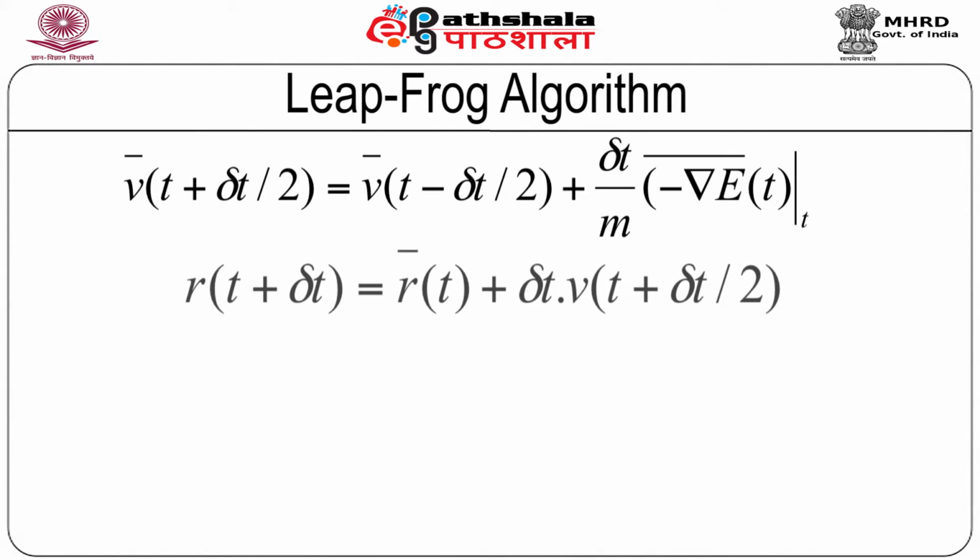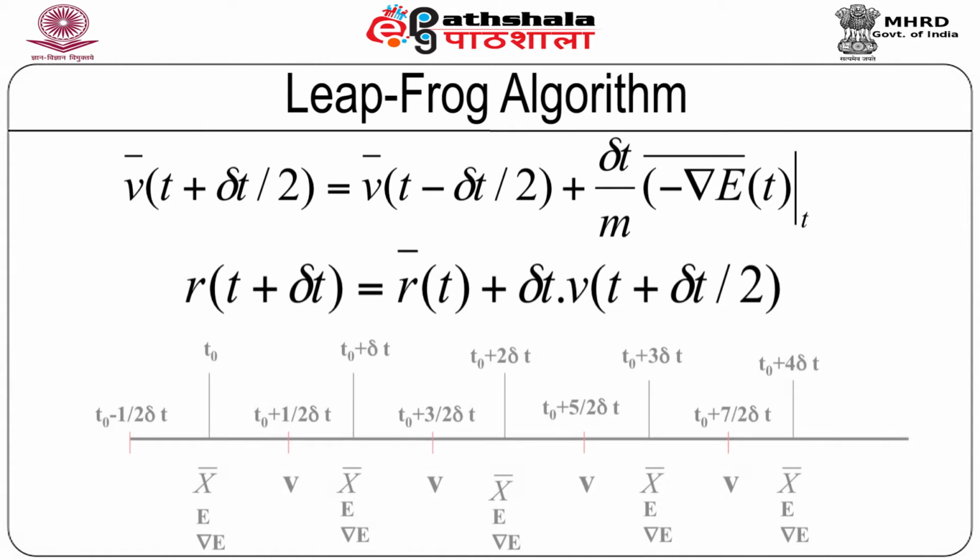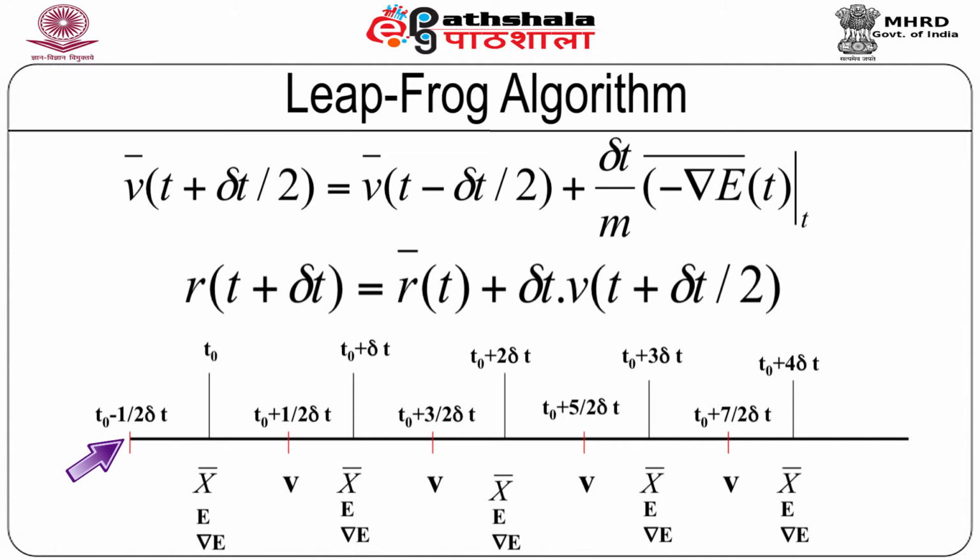Similarly, when we predict the position at t plus half delta t, that time we make use of the velocity at the t-th position. So in this picture, at this point we calculate the velocity at t minus half delta t.